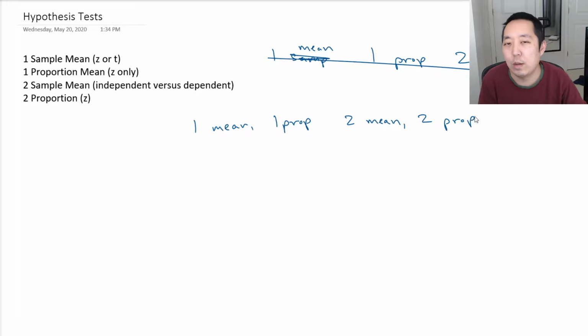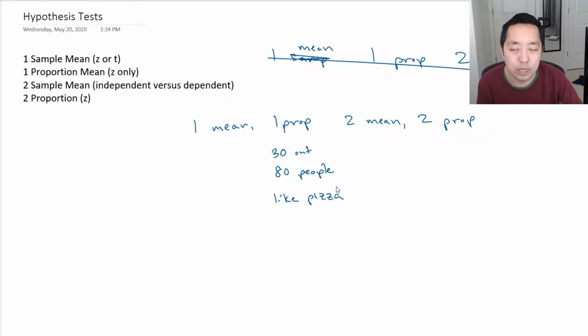It's usually an amount of something, typically a quantitative variable. For a proportion, you say, for example, 30 out of 80 people say they like pizza.